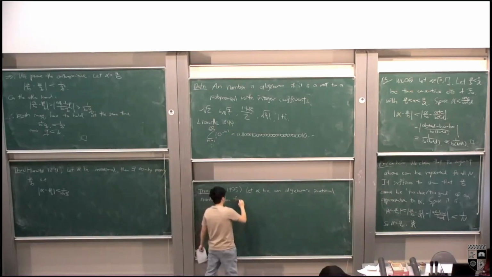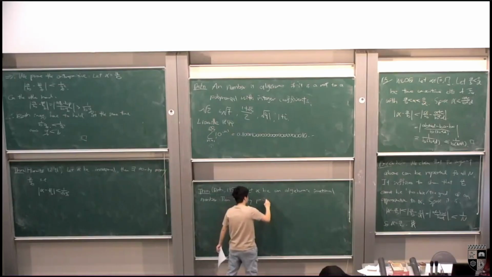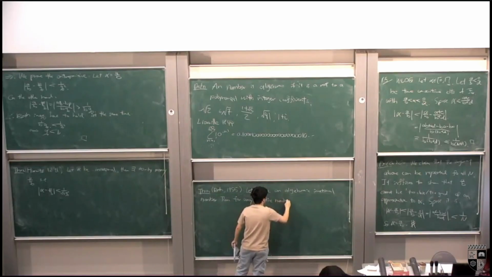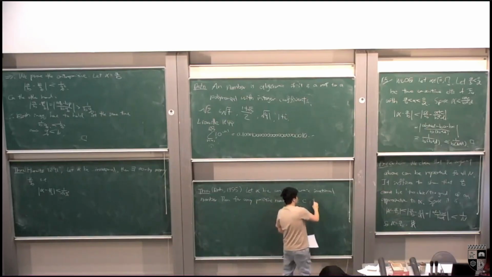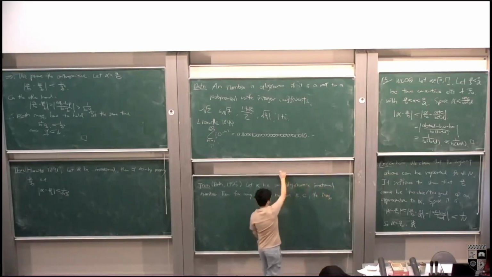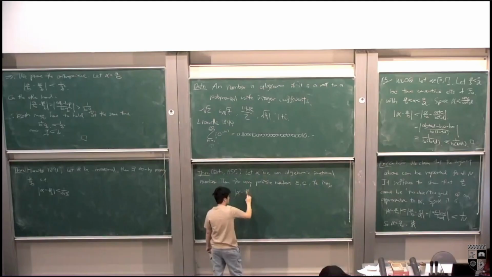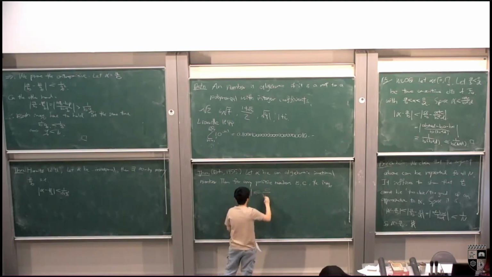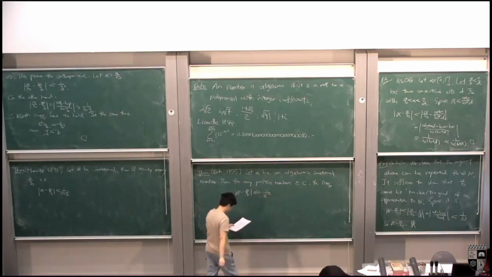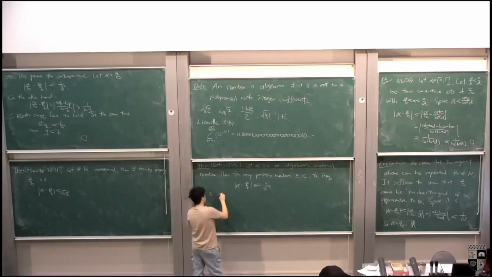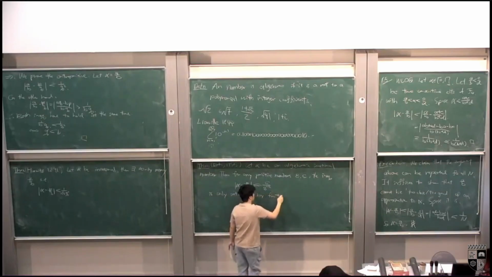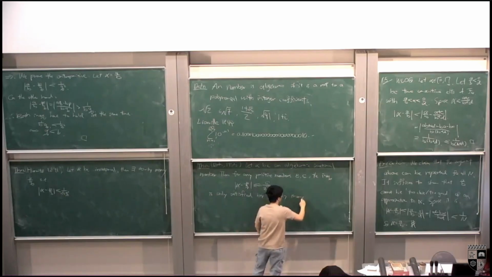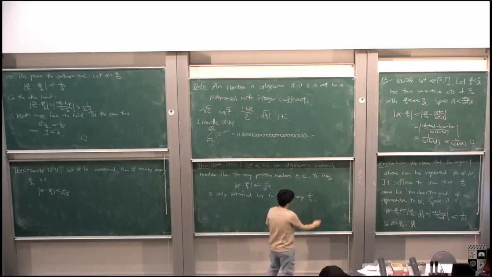Then, for any positive numbers epsilon and c, this inequality, which is alpha minus p over q less than c over q to the 2 plus epsilon, is only satisfied by finitely many rationals p over q.